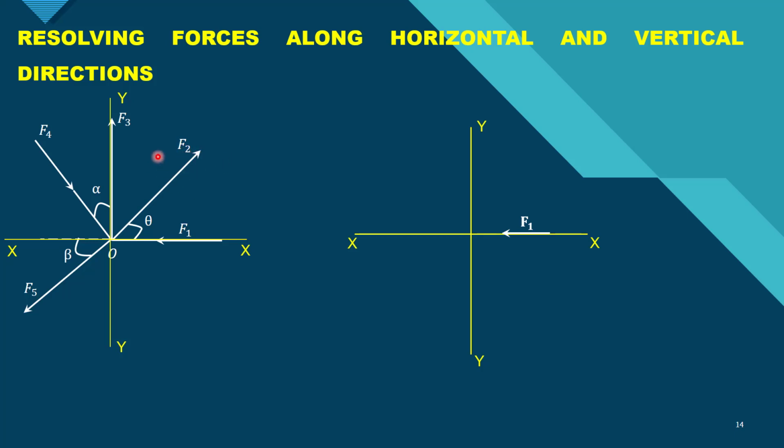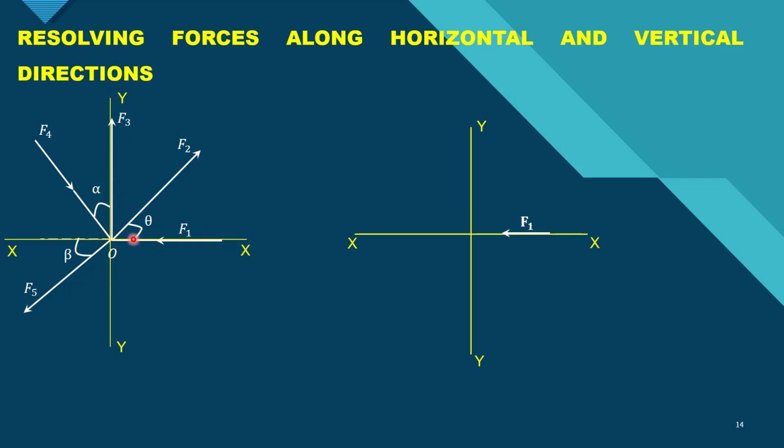This force is an inclined force which makes an angle of theta with the horizontal. Again, you can see that this force is lying in the first quadrant. So if the force lies in the first quadrant, you can resolve this force into two components. One will be along the positive x-axis, the other one will be along the positive y-axis.